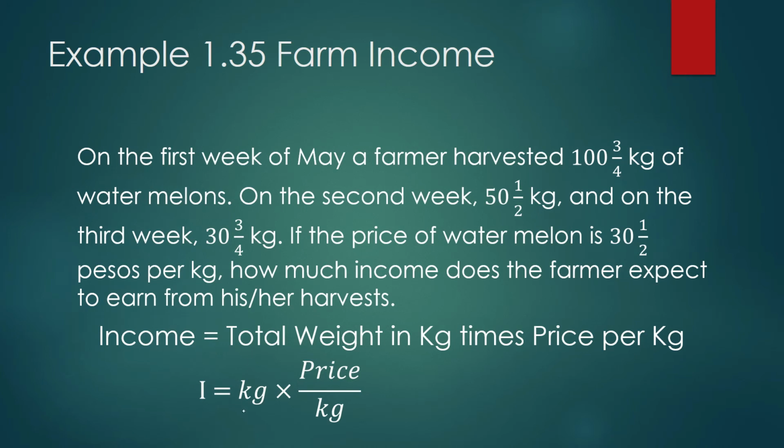Okay, so total weight is in kilograms. Price per kilogram is the price in pesos over kilograms. And so you have here, kilogram divided by kilogram is 1. And so you are left with the price. And that is what you are looking for, the total income. The total income is total weight times the price per kilogram.